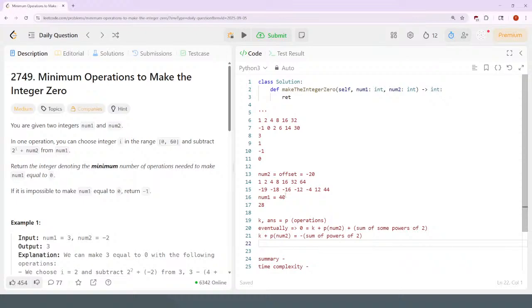Okay, so let's look at example 1. k is 3. 3 plus p times -2 is the negative of a sum of powers of 2.